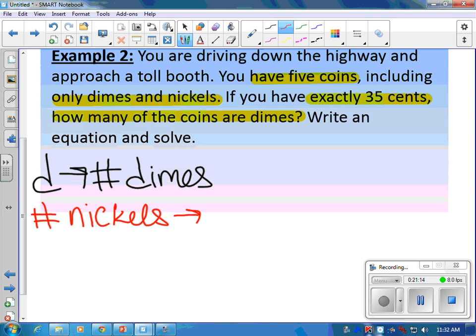Now let's say I have D dimes. How would I figure out how many nickels I have if I have D dimes? I want to know, how do I represent the number of nickels if I have D dimes?